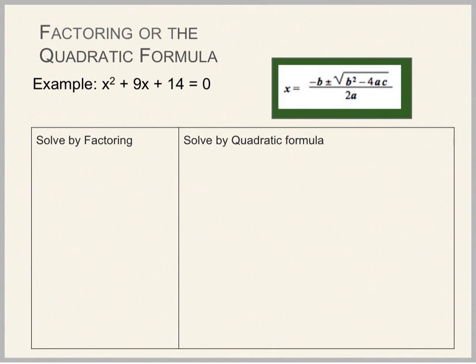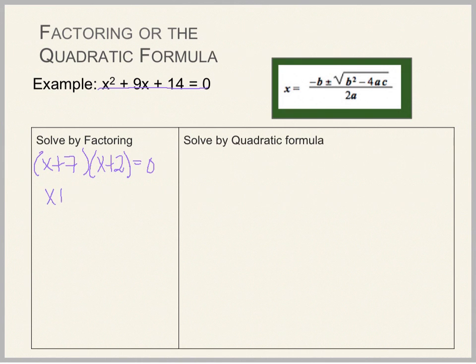Whether solving by factoring or solving by the quadratic formula is up to you, but we will see some instances where it'll be easier to solve by factoring and some by the quadratic formula. Either instance will give us the same answer. For example, if we're looking at x squared plus 9x plus 14 equals 0, we can factor this and say that x plus 7 times x plus 2 equals 0.